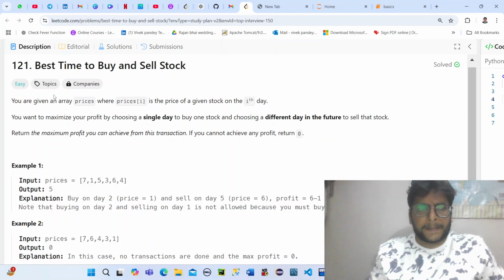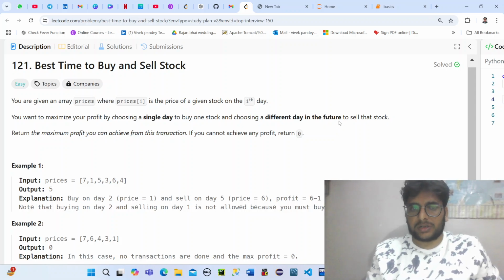So you are given an array prices where prices[i] is the price of a given stock on the ith day. You want to maximize your profit by choosing a single day to buy one stock and choosing a different day in the future to sell the stock.